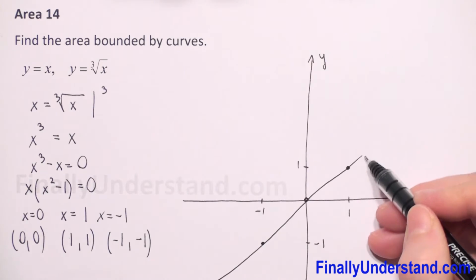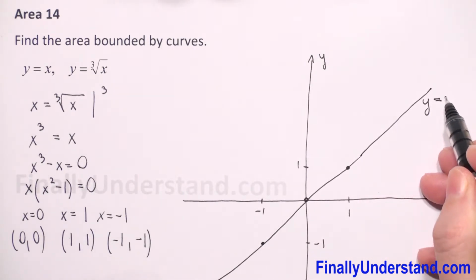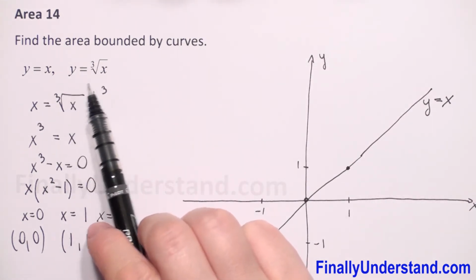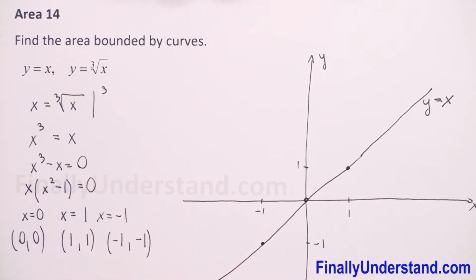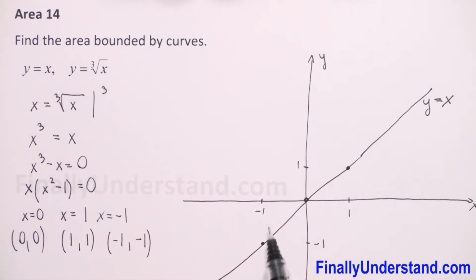We have these 3 points, so this is our y equals x. Now we have to draw the second curve. We need to find how this curve behaves on the intervals from negative 1 to 0 and from 0 to 1, to decide which function is upper and which is lower.